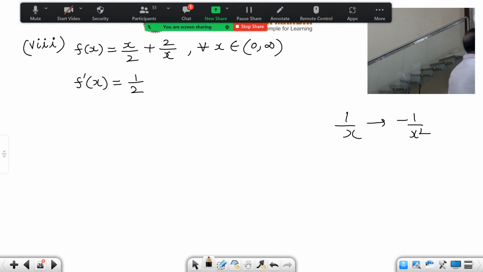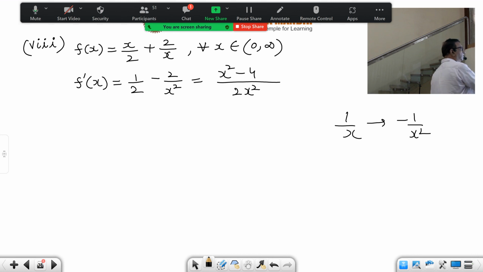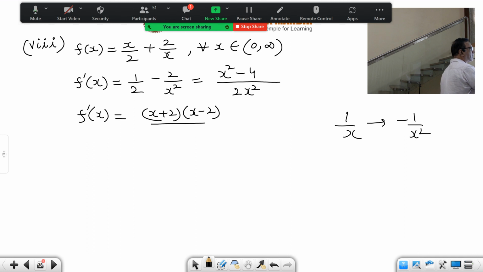So 2 into minus 1 by x square, minus 2 by x square. So let us take LCM 2x square. Here you will get x square and here you will get 4. So this can be written as x plus 2 into x minus 2 by 2x square.